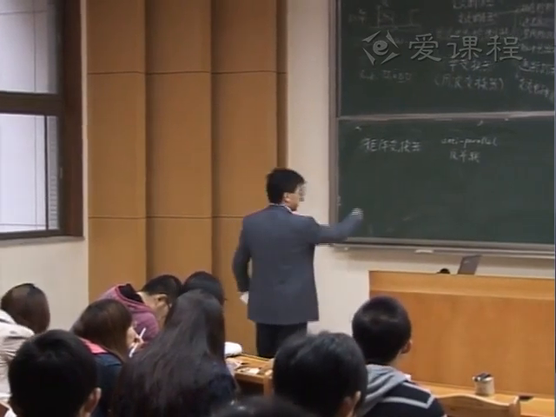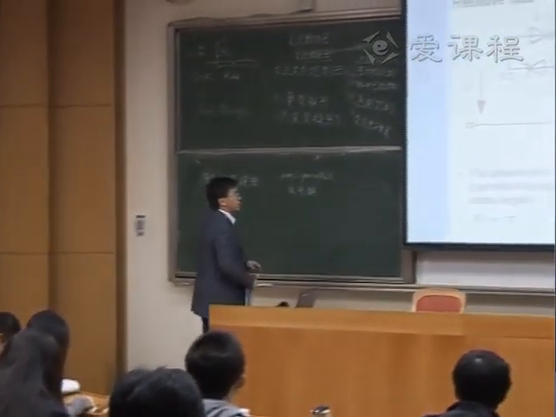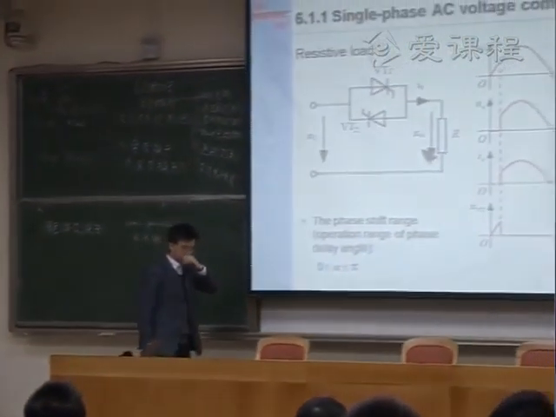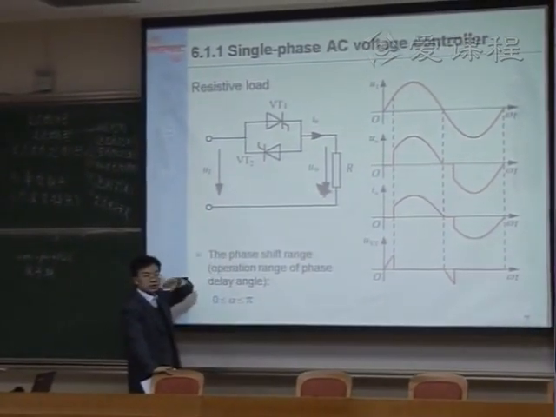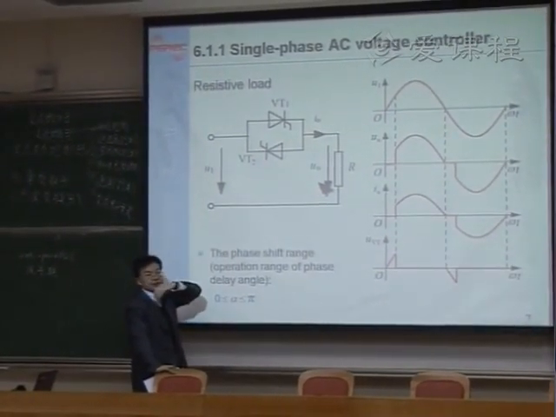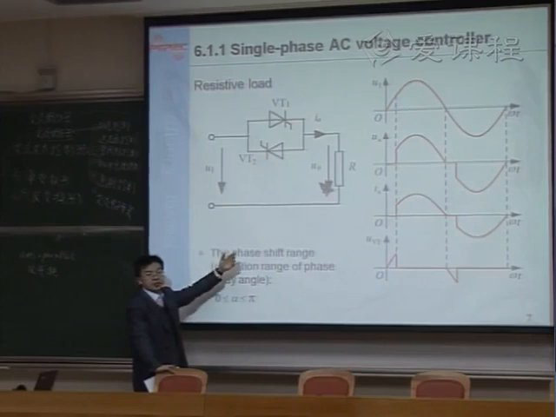So if you change this pair of thyristors to diodes, how does this circuit work? It will be just working like a short circuit.